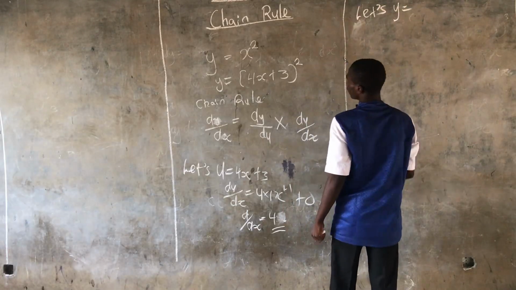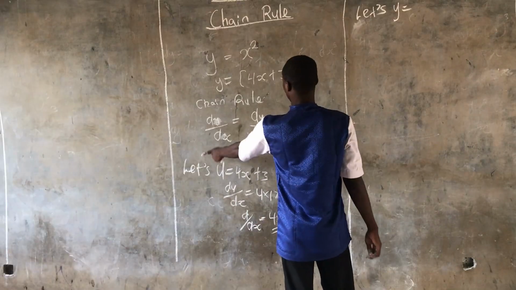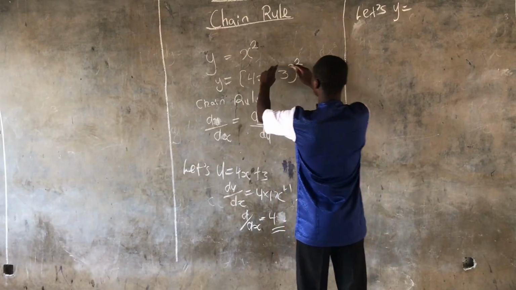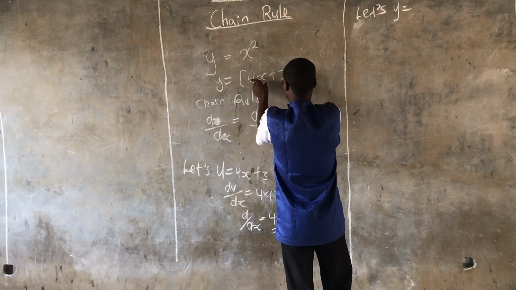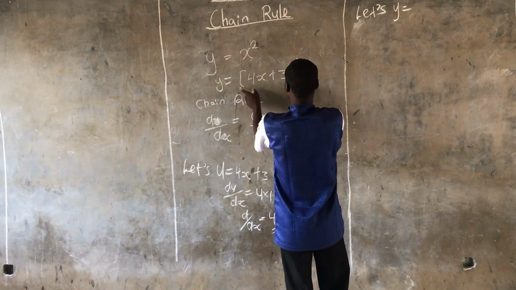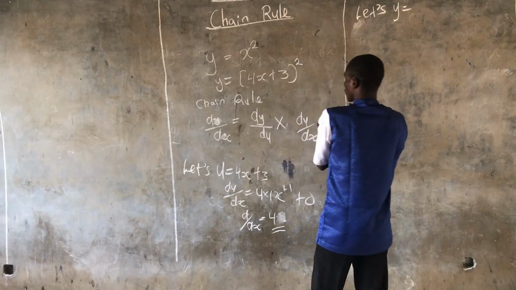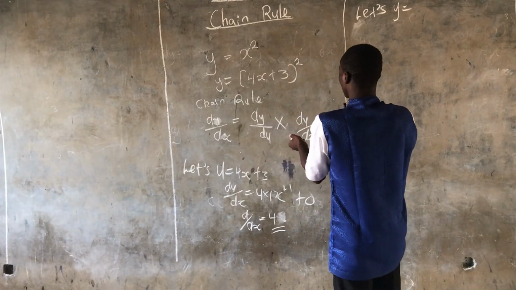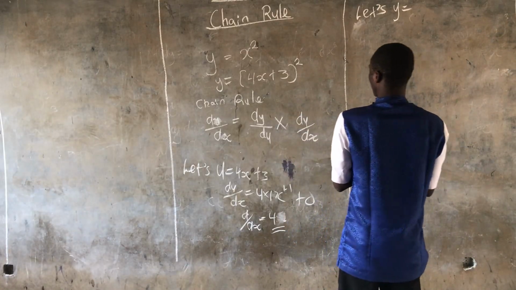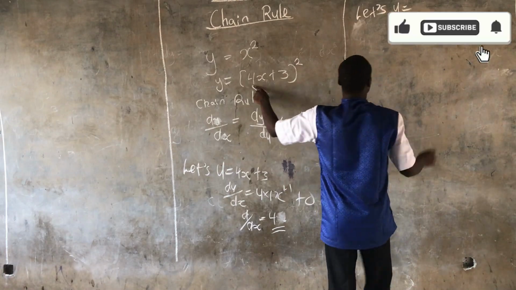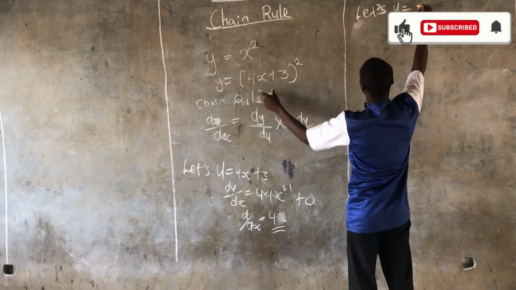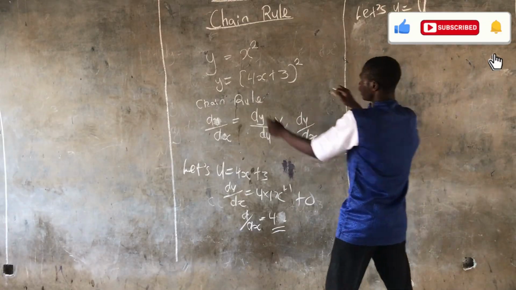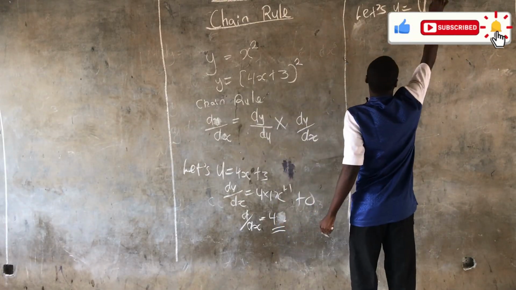Then let y be equal to u raised to power 2, this is the outside. I said we have to differentiate the inner part, then differentiate the outside, and then multiply their derivatives.